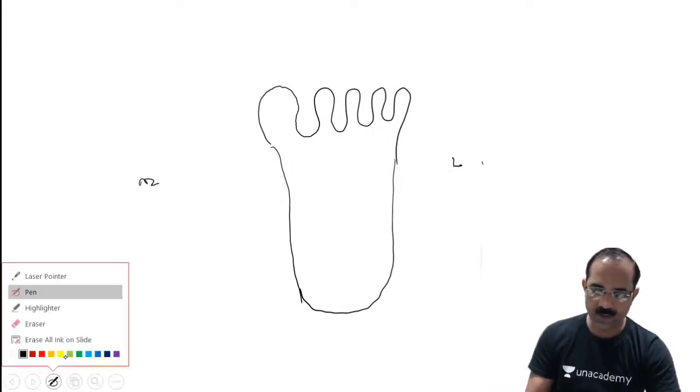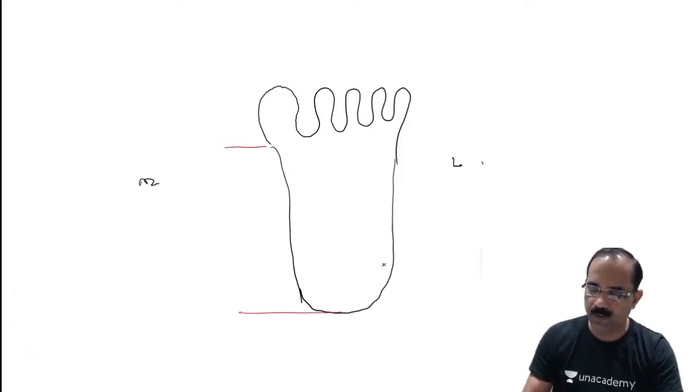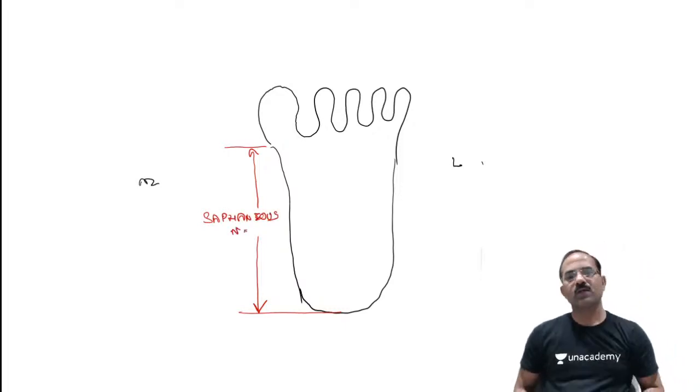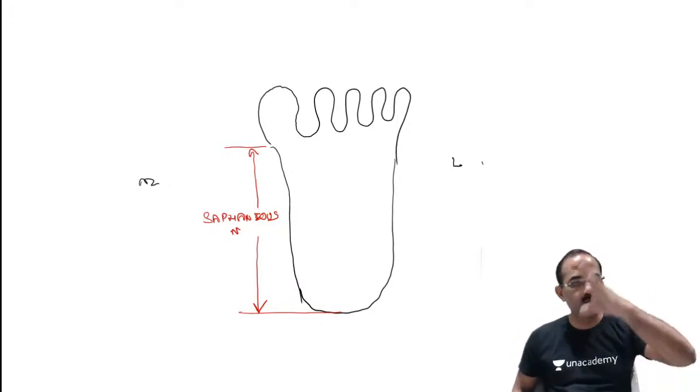So students, what I'm telling you is who's supplying the skin on the medial aspect of the foot up to the great toe. This is the saphenous nerve. So saphenous nerve is a branch of posterior division of femoral nerve.